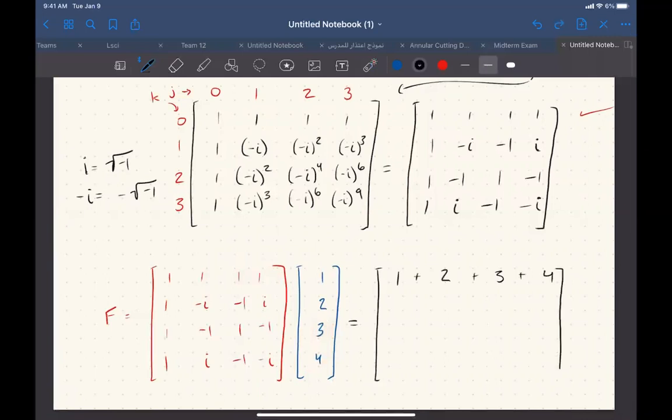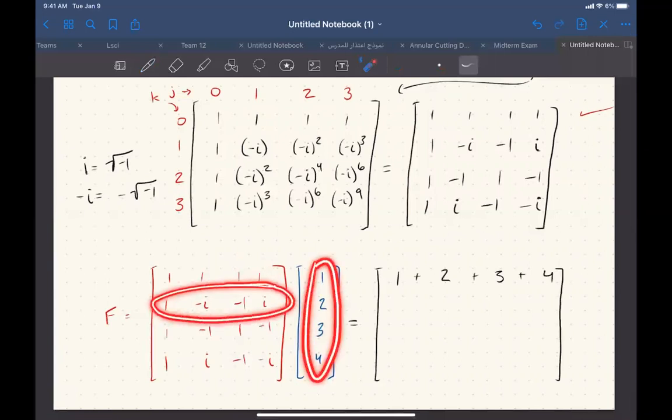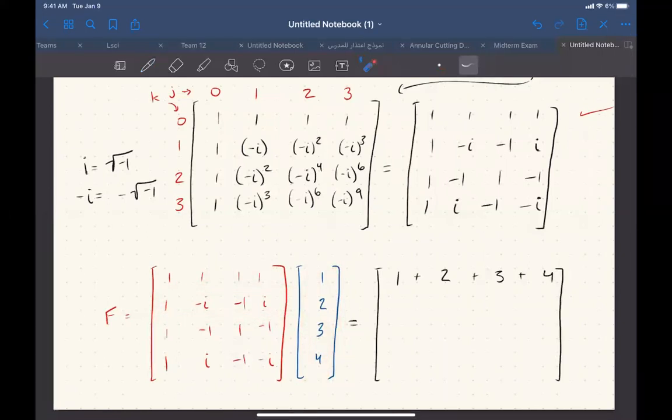Now to get the second row, we take this vector and multiply it by this and add all the components. So one by one, we multiply. 1 times 1 is 1, 2 times negative i is negative 2i, 3 times negative 1, and then 4 times i. So let's write that here.